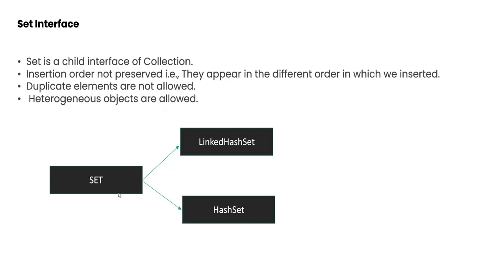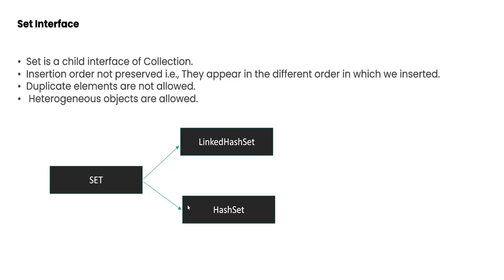The Set interface can be further divided into LinkedHashSet and HashSet. These are the two classes available under Set. There is quite a difference between Set and List. Both are children of the Collection interface.